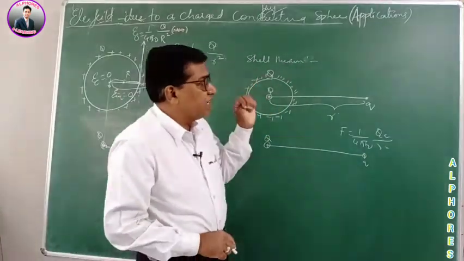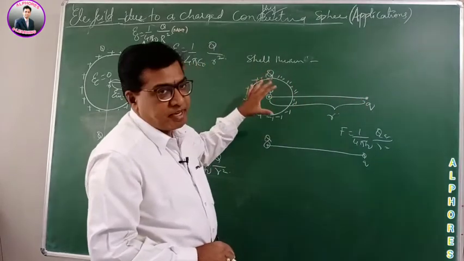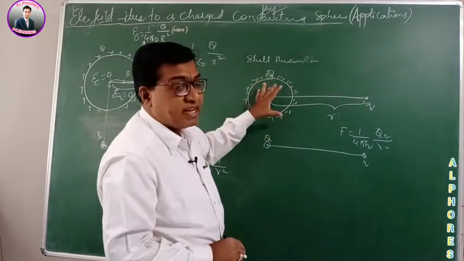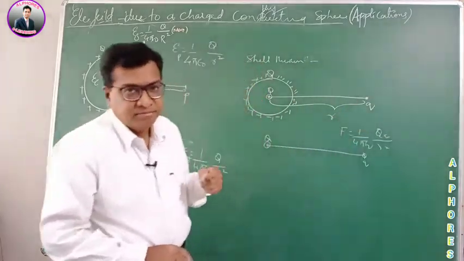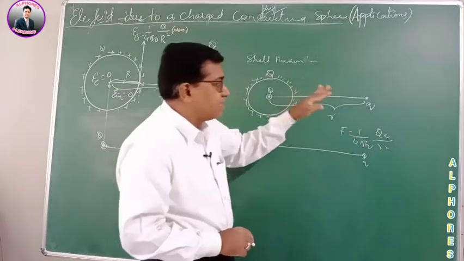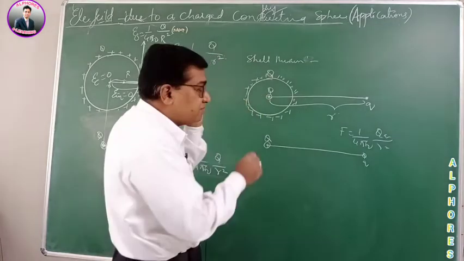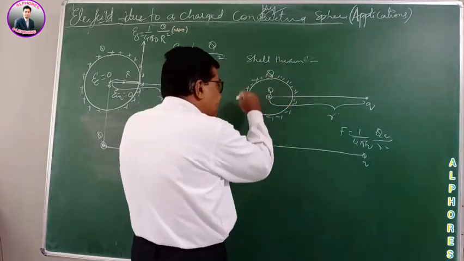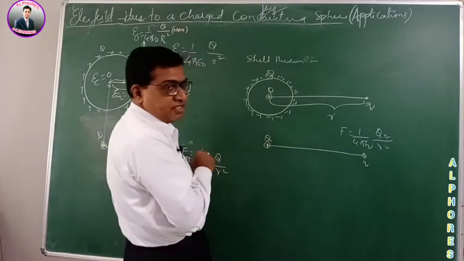So according to the shell theorem, when a charged conducting sphere interacts with a point charge outside its surface, then it behaves as if all the charge on the sphere is concentrated at its center, and it behaves like a point charge.